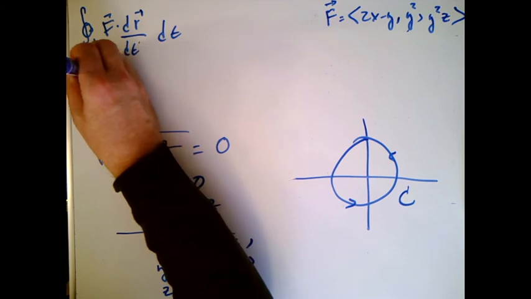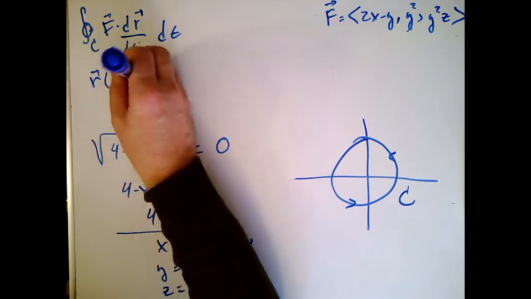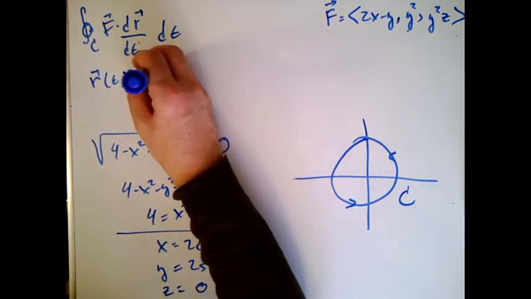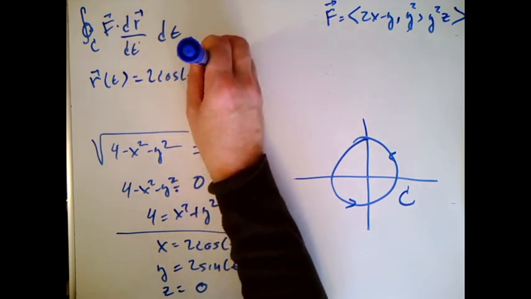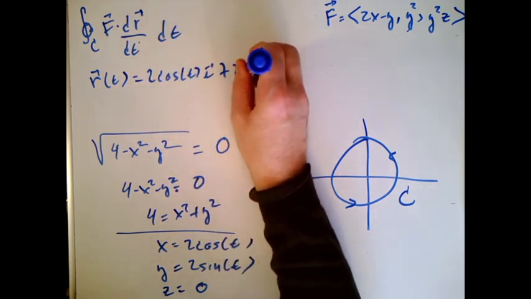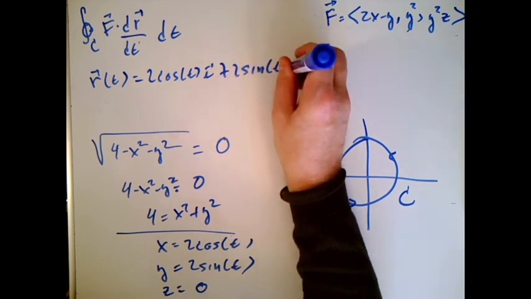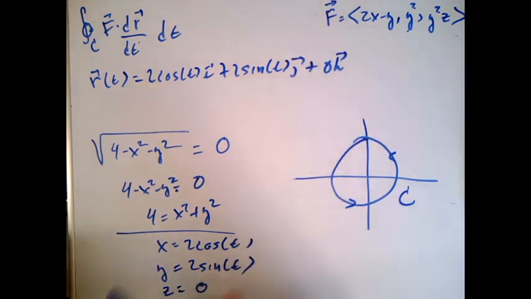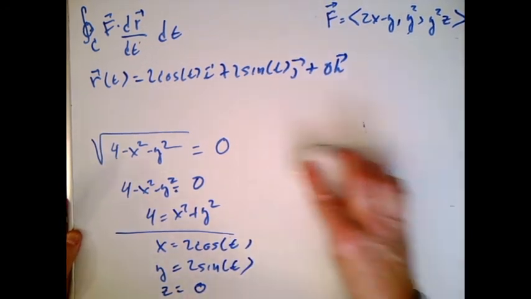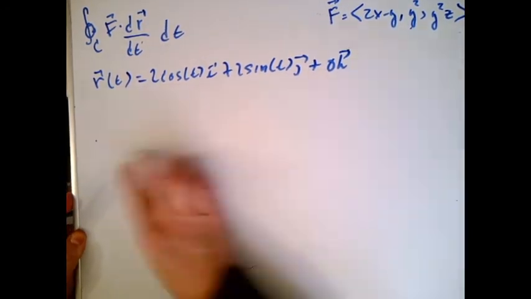So I'm going to write down r of t, and we know what this is from down there. This is going to be 2 cosine t i plus 2 sine t j plus 0k. I can get rid of this now.